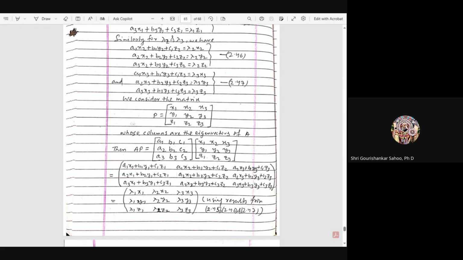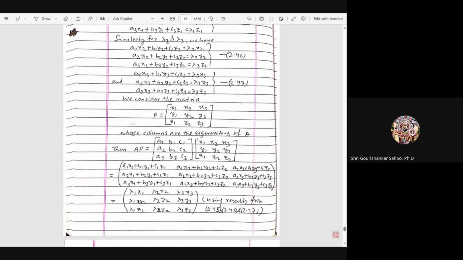Then in the second row, a2 x1 plus b2 y1 plus c2 z1, a2 x2 plus b2 y2 plus c2 z2, a2 x3 plus b2 y3 plus c2 z3. In the third row, a3 x1 plus b3 y1 plus c3 z1, a3 x2 plus b3 y2 plus c3 z2, a3 x3 plus b3 y3 plus c3 z3.